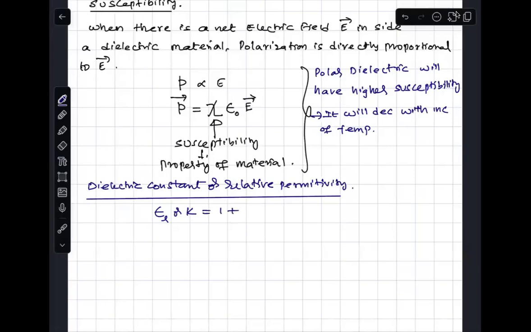This is equal to 1 plus susceptibility. Same relation we will study in magnetism also. Right. Okay. Next. That's all. The basic theory is done from my side.